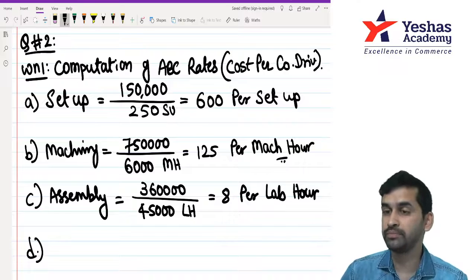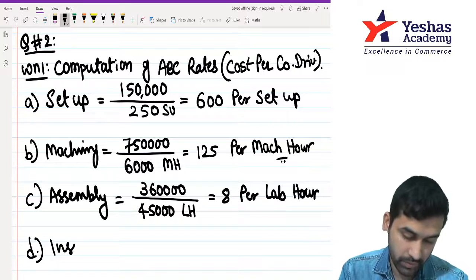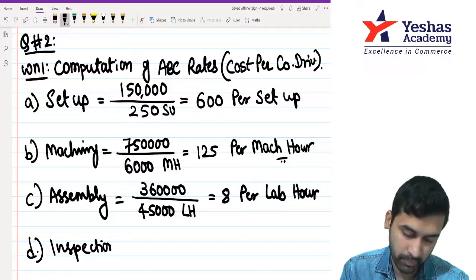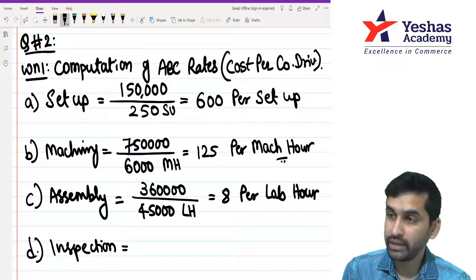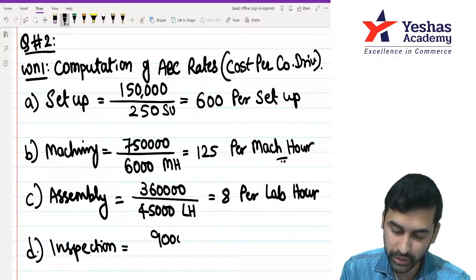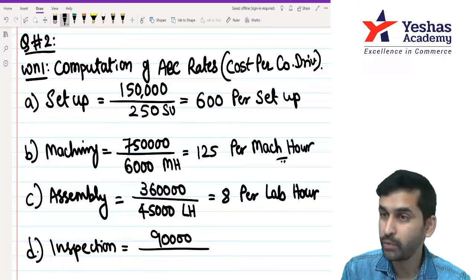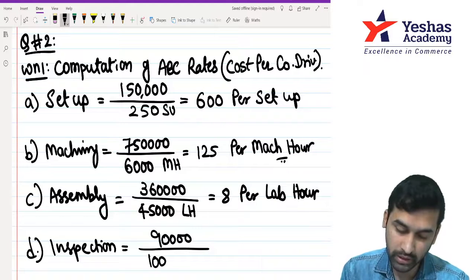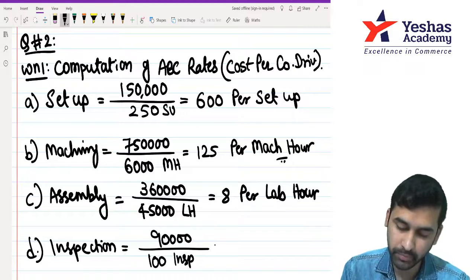Last one is inspection cost. 90,000 rupees divided by how many inspections in total? 100 inspections.